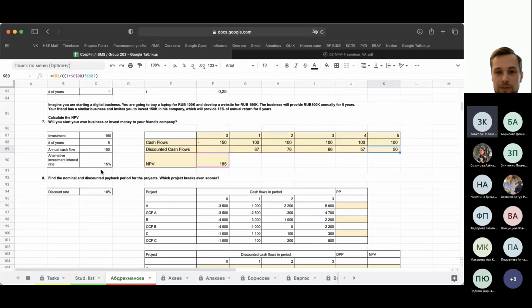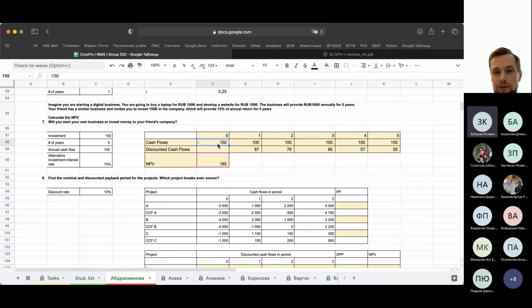I guess more. Yes, and it is more just because the net present value is positive. So when we discount our future cash flows by 15%, we still have a positive net present value. So it means that we gain more than 15% a year on this investment.